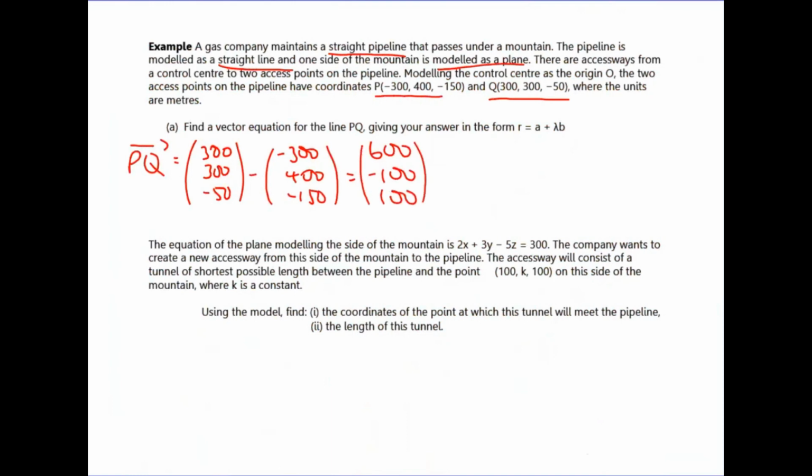I'm going to use 6, minus 1, 1, so that's right, otherwise so many zeros. And I can use either point that it goes through, so I'll use P, doesn't matter. Plus lambda times 6, minus 1, 1. Any multiple. Okay.